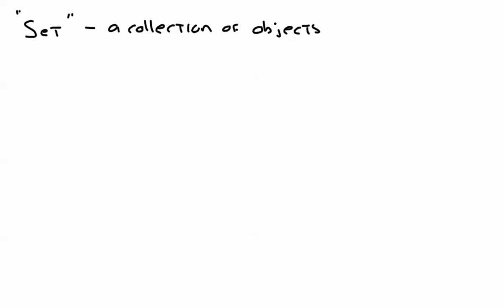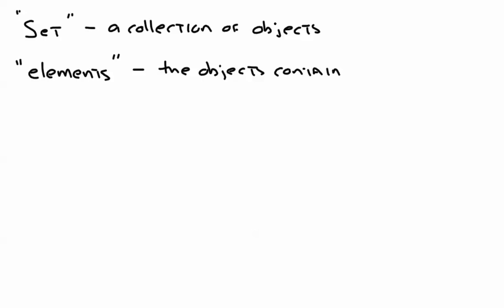And a set contains a collection of one or more elements. Elements are the objects that are contained in a set. Okay?